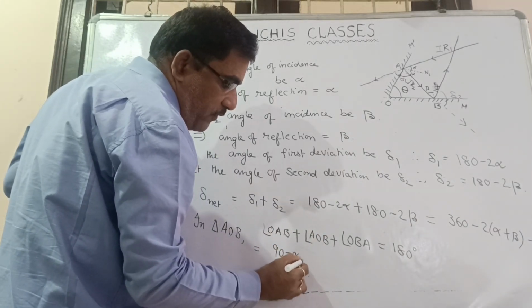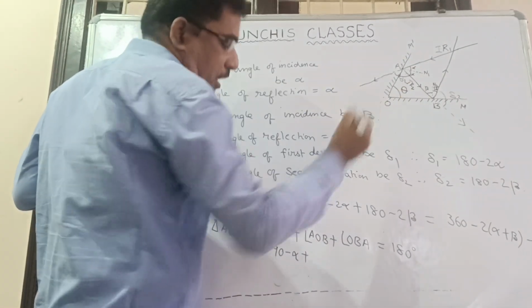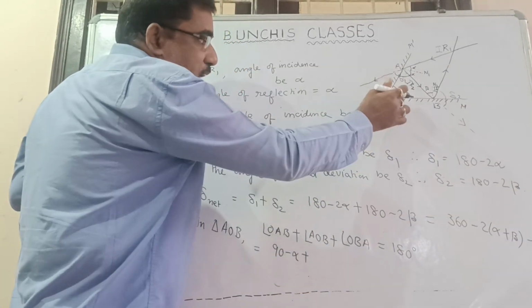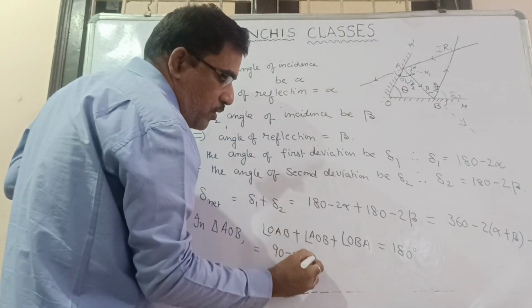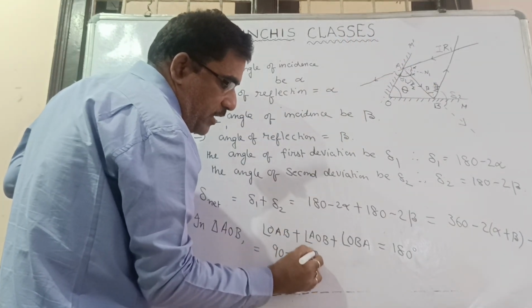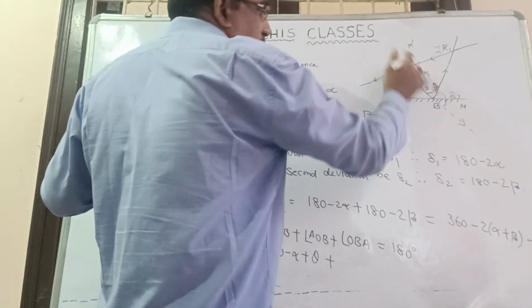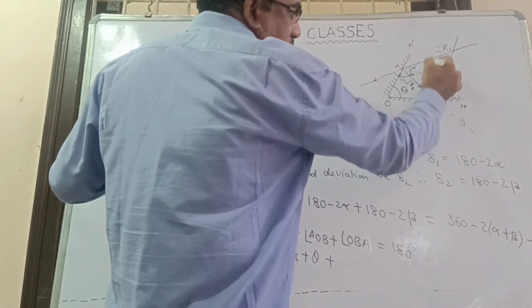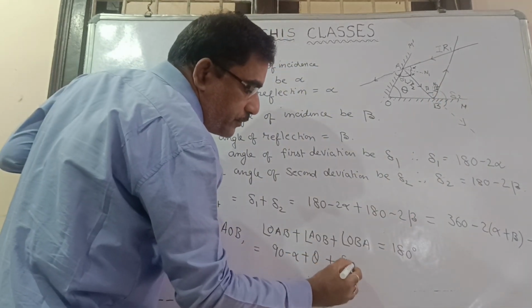90 minus alpha plus angle AOB. AOB is theta, already we have taken the value: the angle between the two mirrors is theta. So angle AOB is theta, plus angle OBA. OBA is nothing but, this is normal N2, so that is 90 minus beta.